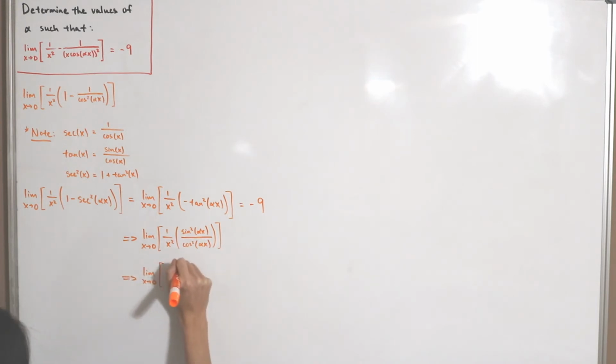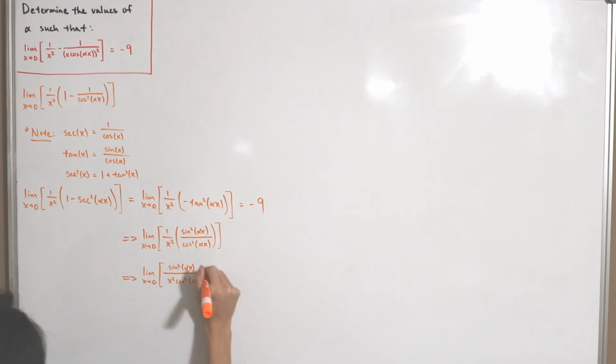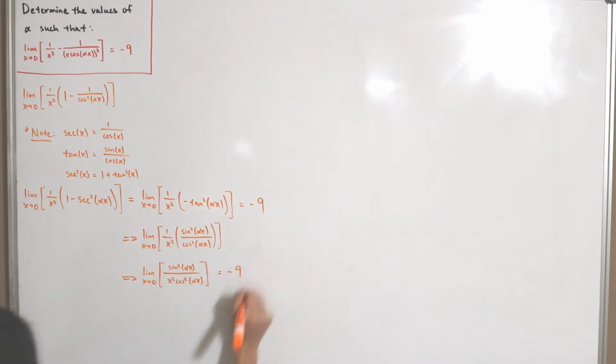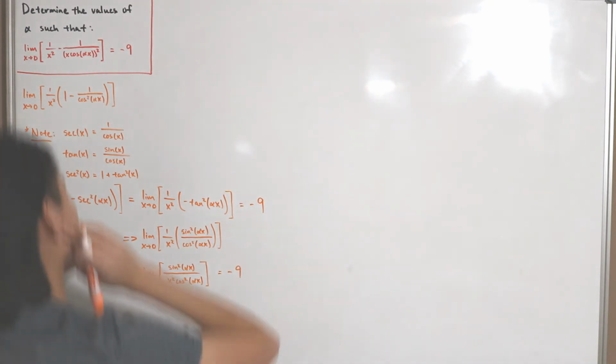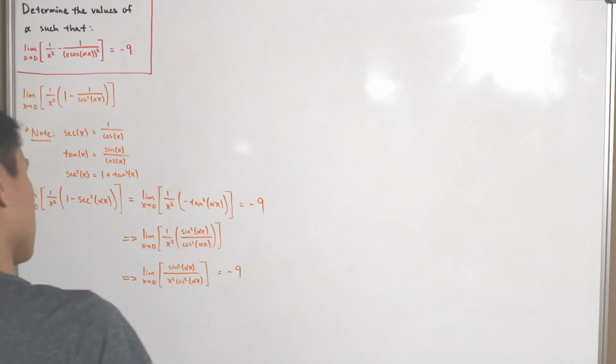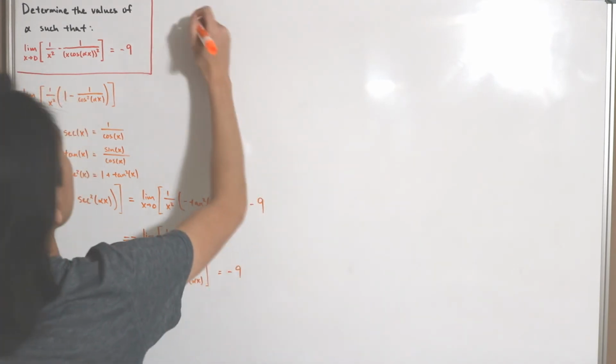So we have sine squared alpha x divided by x squared cosine squared of alpha x, and so far let's just equate that to -9. Now what I can do is factor out a sine squared alpha x and an x squared, and then there's a neat limit identity that comes out really nicely.